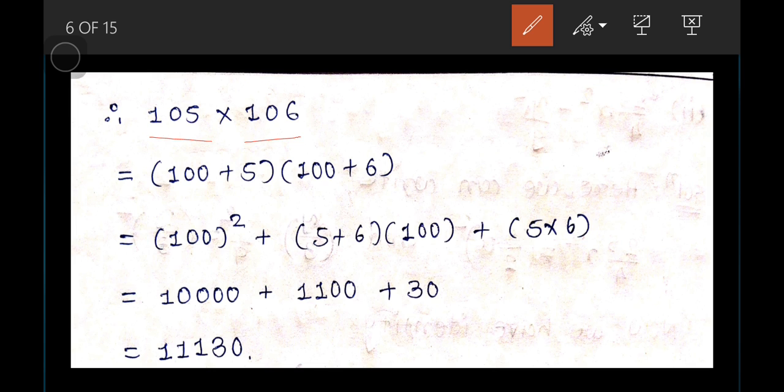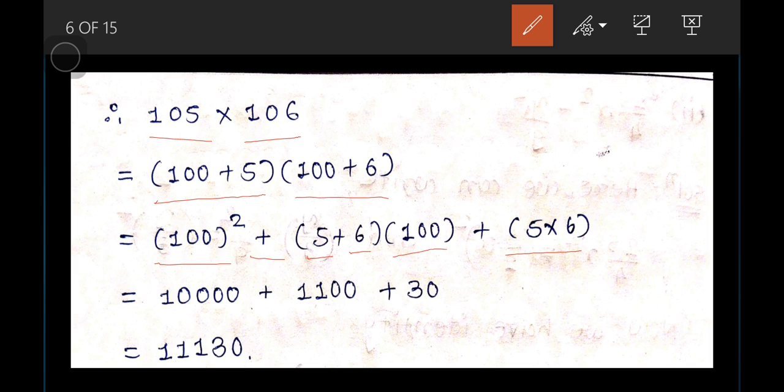So now 105 into 106 is equal to 100 plus 5 into 100 plus 6. So now x is 100, and this is equal to 100 square plus (5 plus 6) into 100, plus 5 into 6.